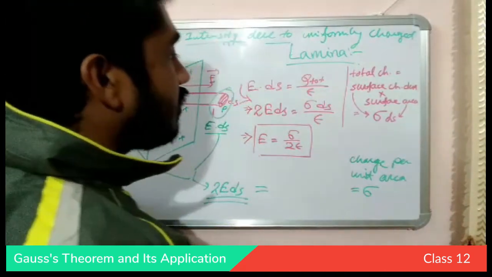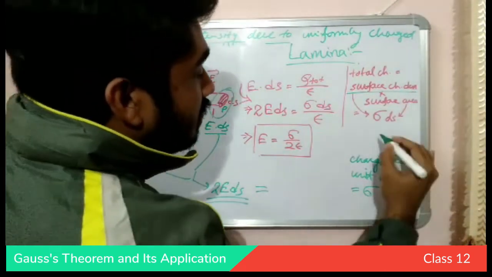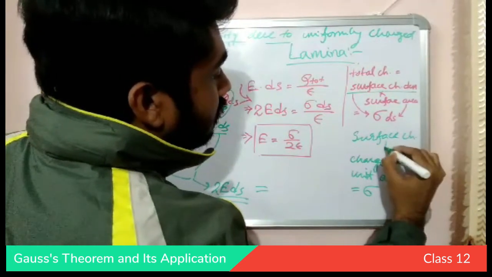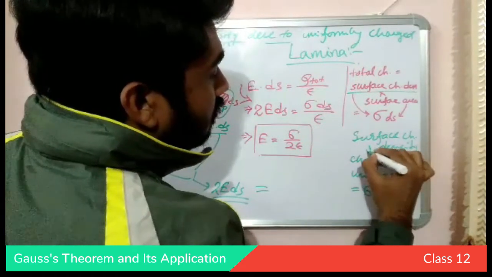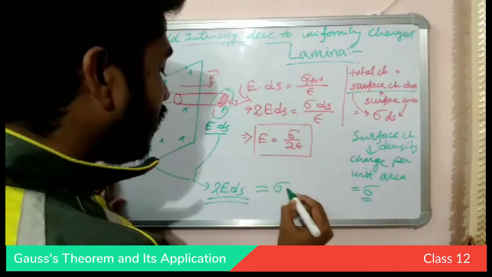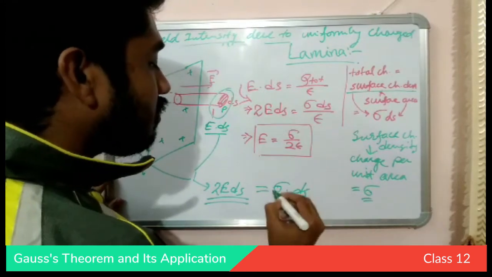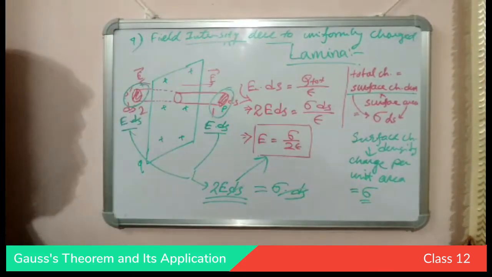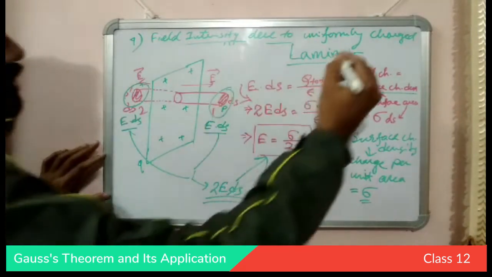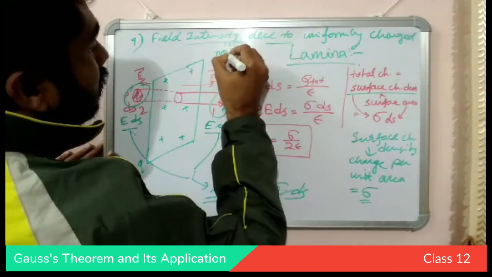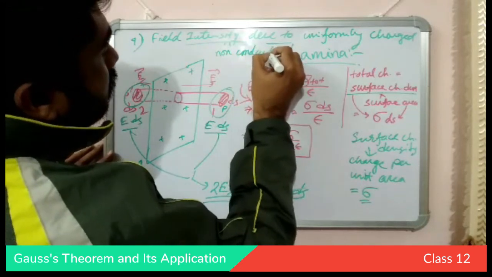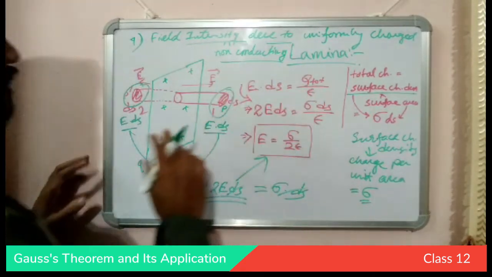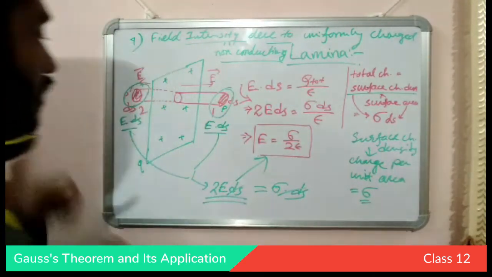This is sigma, and this is the surface charge density. So sigma into the total area, the considered area ds, and both sides ds will be cancelled, and our answer is this. And this is a non-conducting lamina, that is, the charge will not go anywhere, it is distributed evenly all over the lamina.